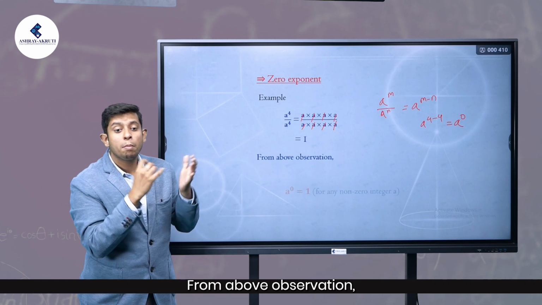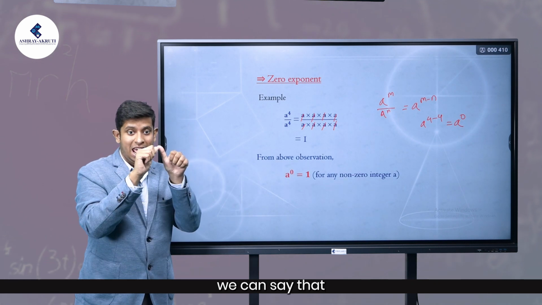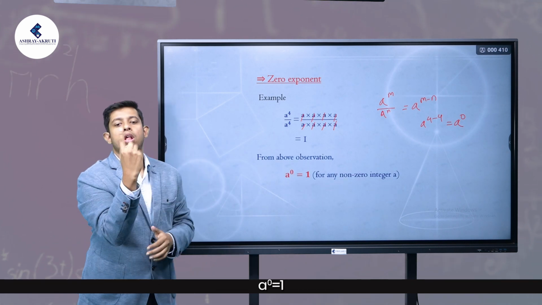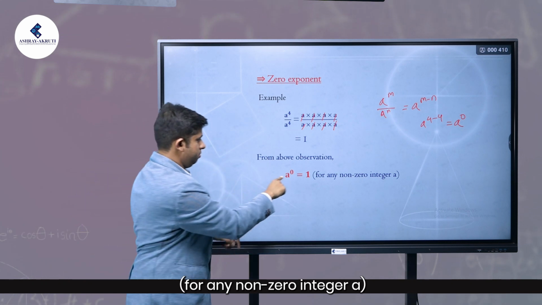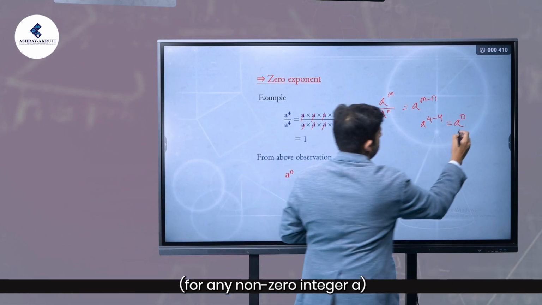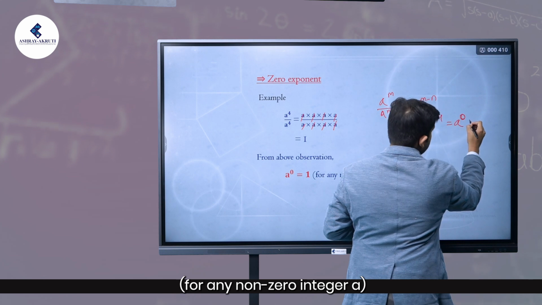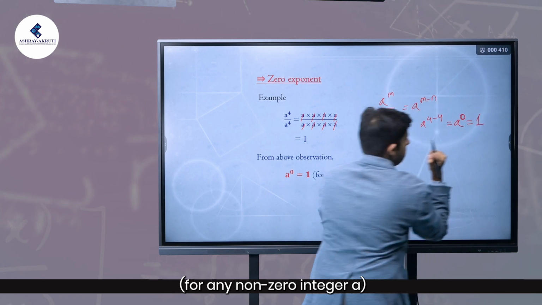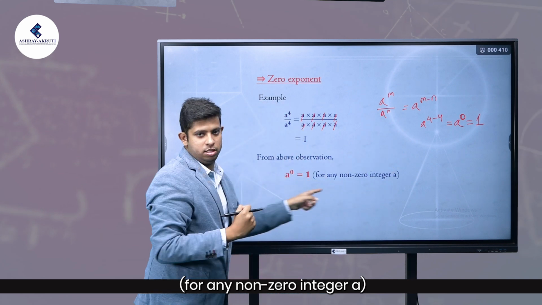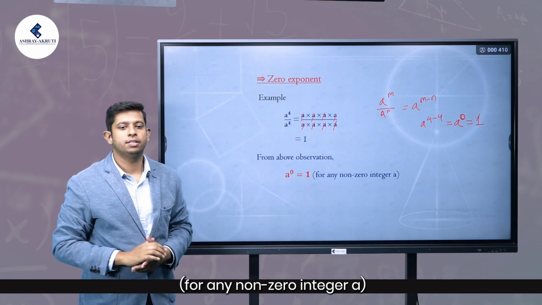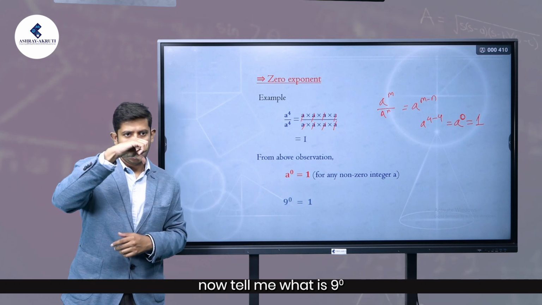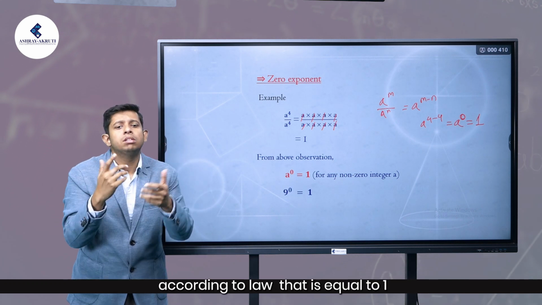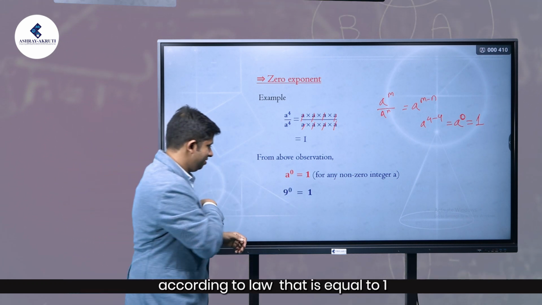From the above observation, we can say that a to the power of 0 is equal to 1 for any non-zero integer a. Now tell me, what is 9 to the power of 0 according to the law? That is equal to 1.